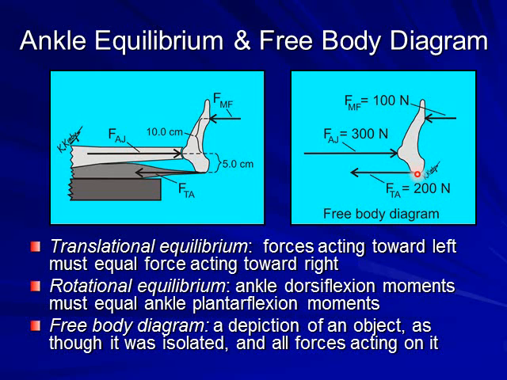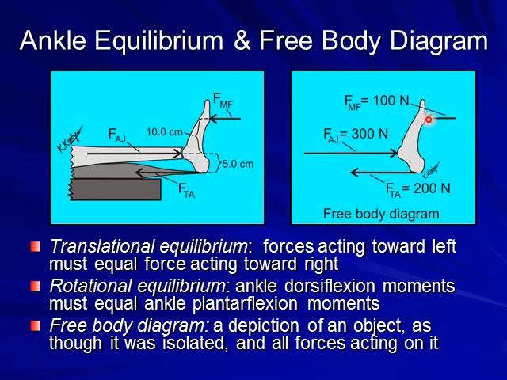It could be that Achilles tendon force pulling from right to left on the posterior aspect of the calcaneus, and it could also be this ankle joint compression force coming from the tibia pushing on the top of the talus from left to right.